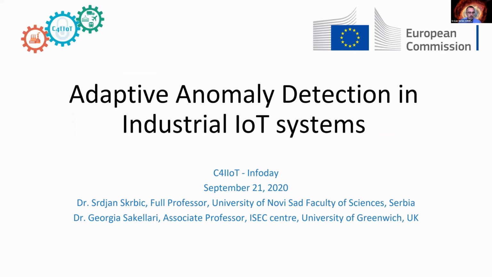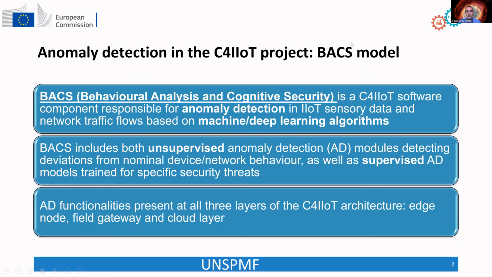We will describe BACS, the behavioral analysis and cognitive security component that stretches through all three layers of the architecture, and that's the central point of anomaly detection. And after that, you will hear some information about the offloading mechanism from the University of Greenwich.